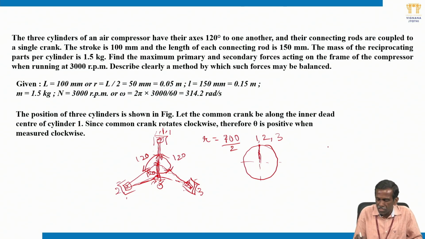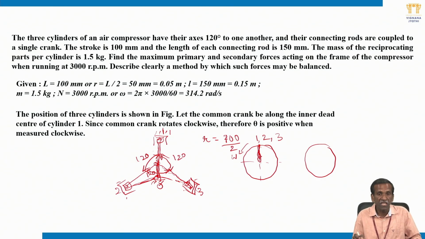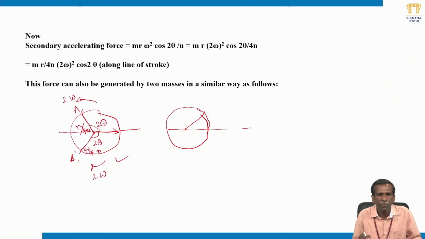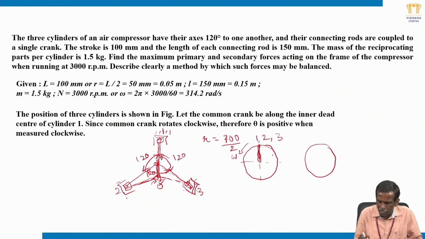Now coming to the secondary. This is the primary crank rotating with angular velocity omega, as you know, with its position along the line of action. Now for the secondary, cylinder 1 coincides with its reverse crank, so cylinder 1 is in this direction only.